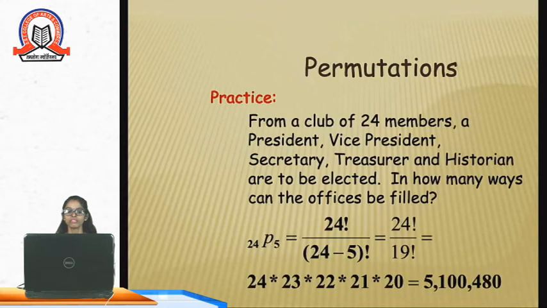Remaining terms means 24 into 23 into 22 multiplied by 21 and the last one is 20. You will get the answer 5,100,480. It means there are 5,100,480 options possible to fill these offices.